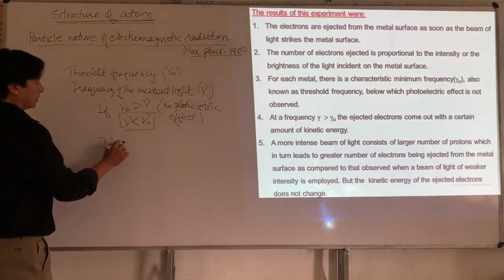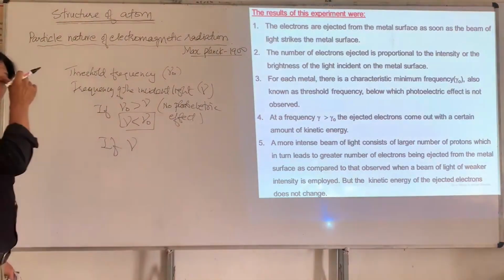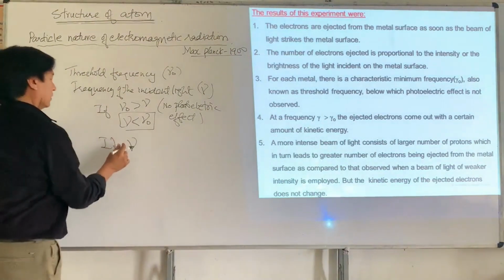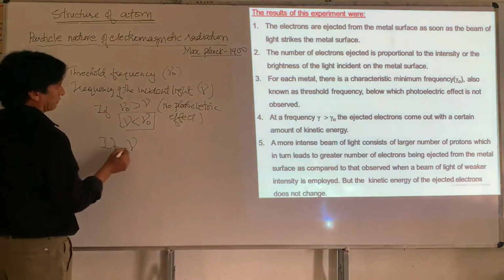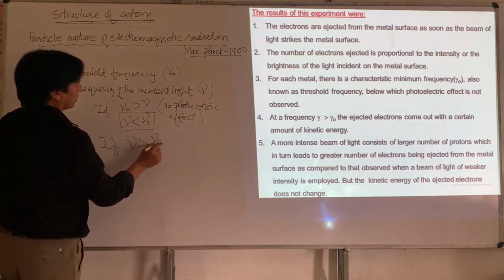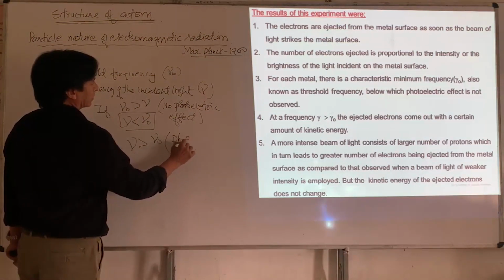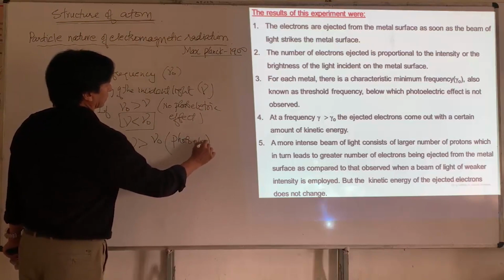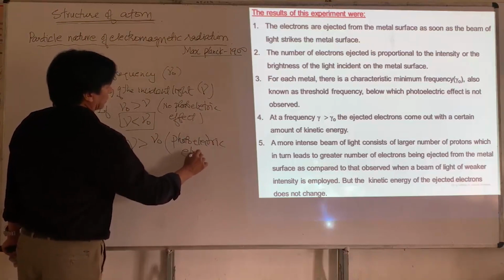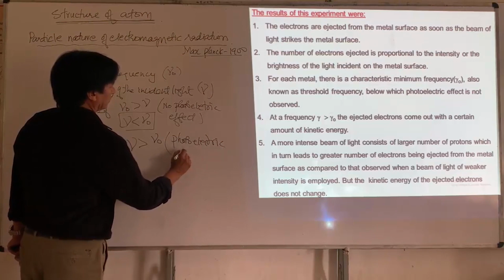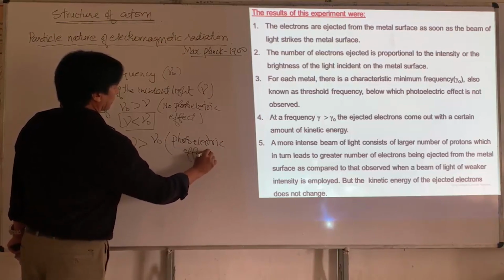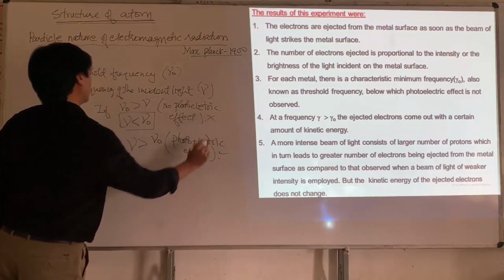Now, if this frequency of light falling on the metal surface is greater than nu naught, then photoelectric effect will be seen. Okay, here you will not see photoelectric effect.